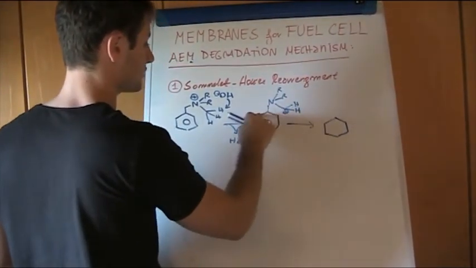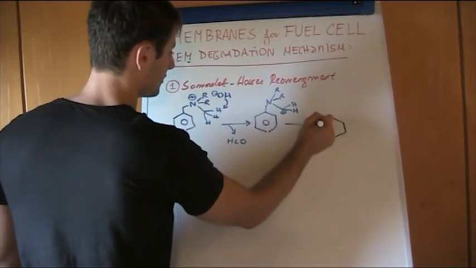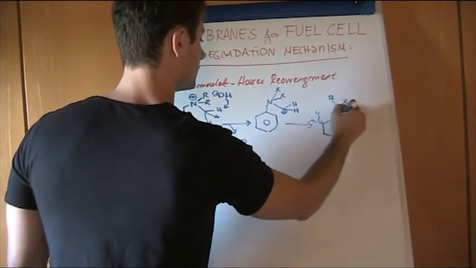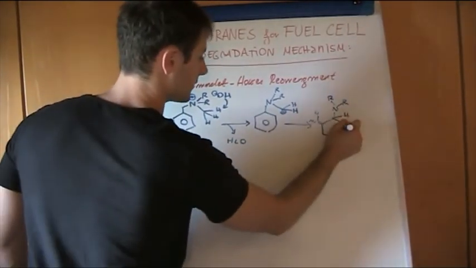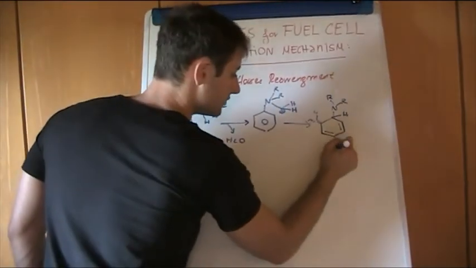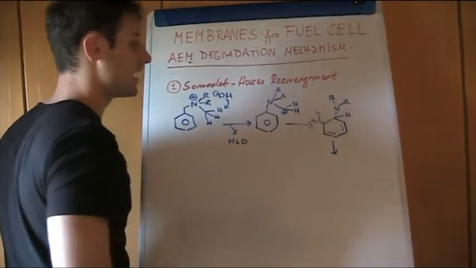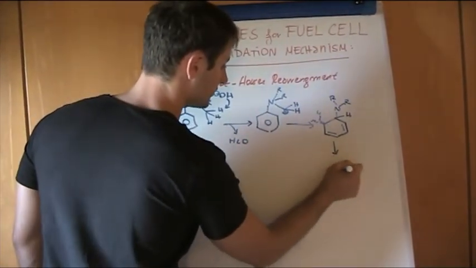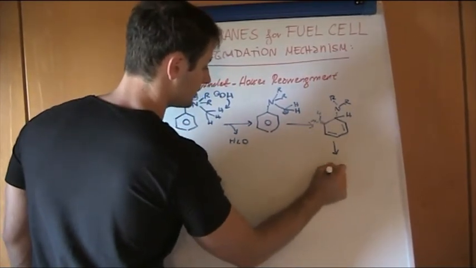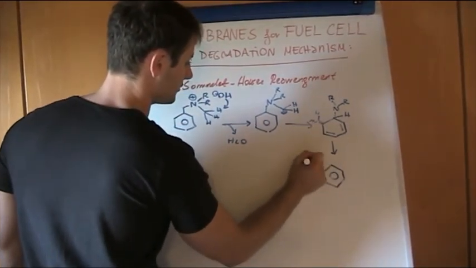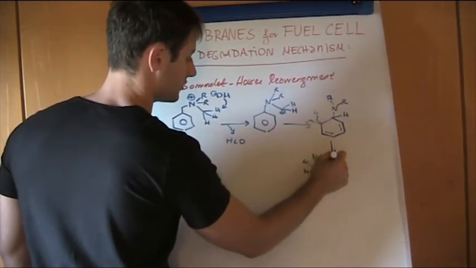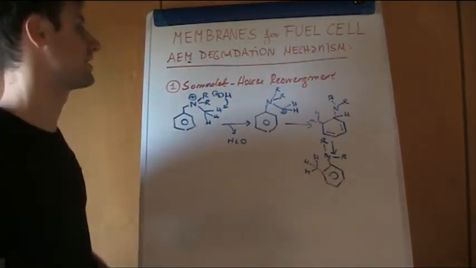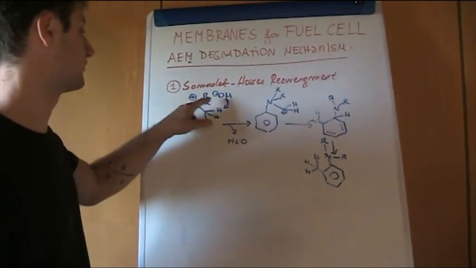So this function is collected here, and this remains in this state with a nitrogen here, and then this proton is collected again here, and so this unsaturated function becomes a saturated methyl group, and the final result is basically this, again with the loss of the cationic character, and so the capability to interact with the OH-.